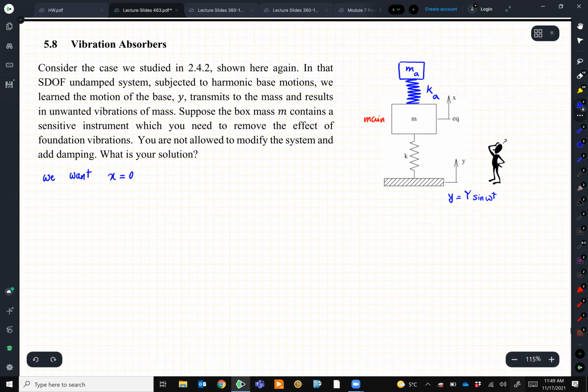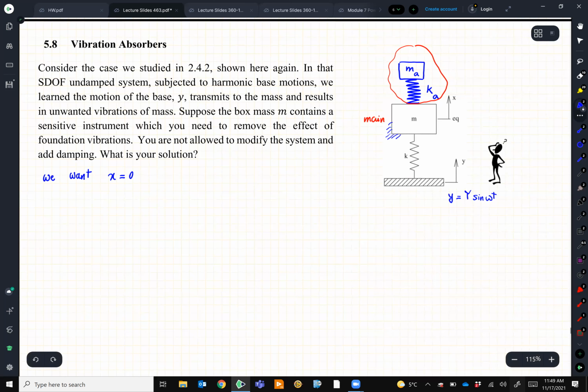Now, it was a very smart thing that people figured out a long time ago, that adding this system does something to get rid of the main vibration. What I want you to think about is what condition we should have so that this m_A and k_A make this system stay with no motion.